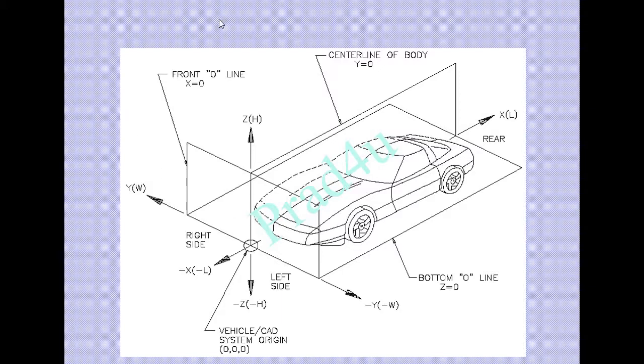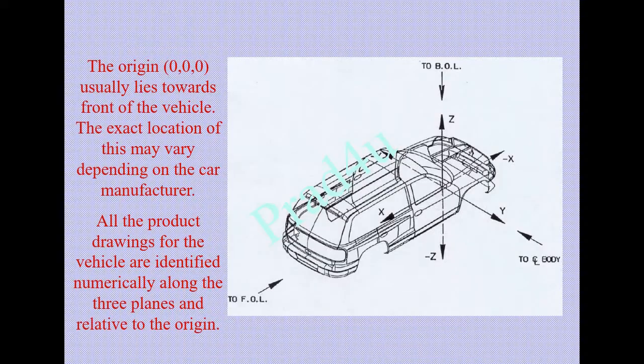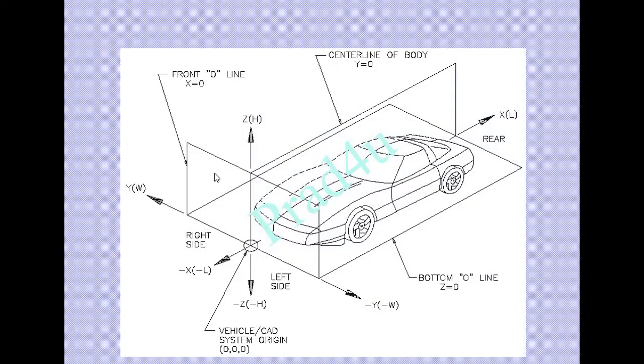This is rarely used. The logic behind that, I don't know exactly, but in 95% of vehicles the other coordinate system is used, and in 5% of vehicles this coordinate system is used.